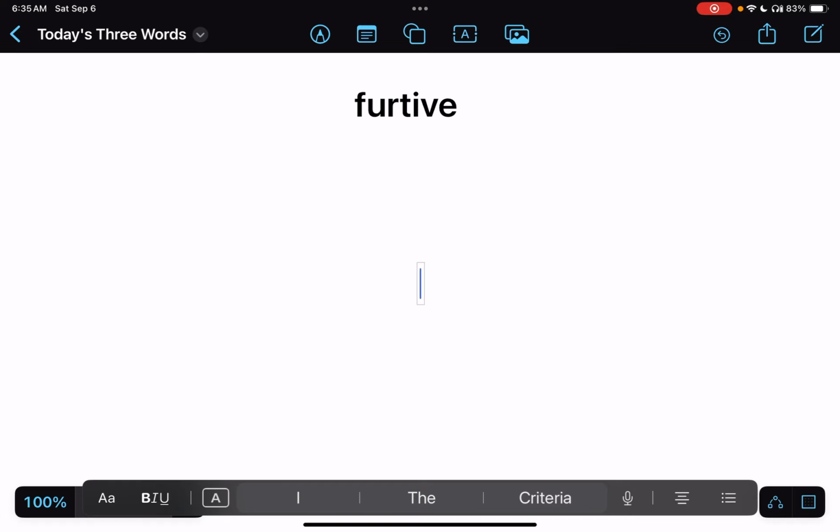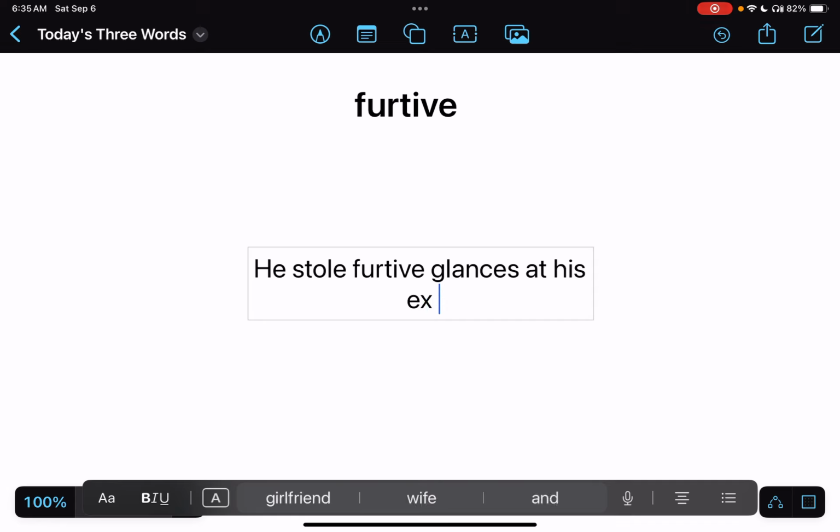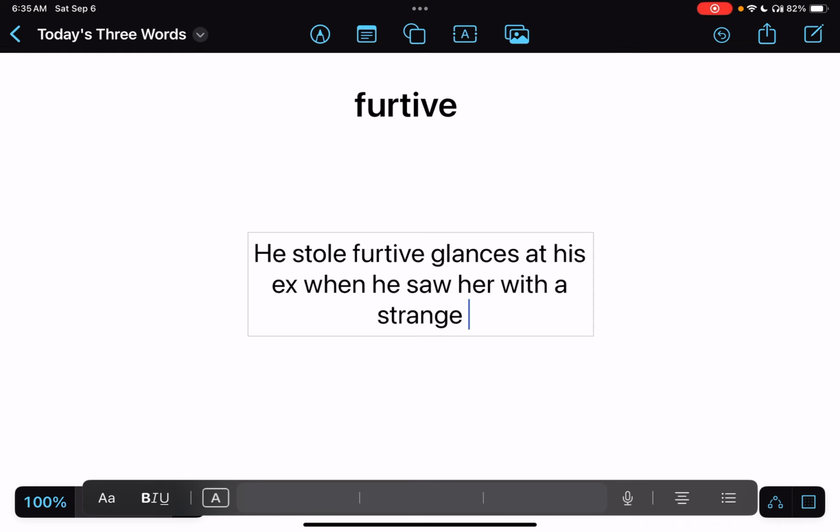Okay, what can we come up with? He stole furtive glances at his ex when he saw her with a strange man at the restaurant.